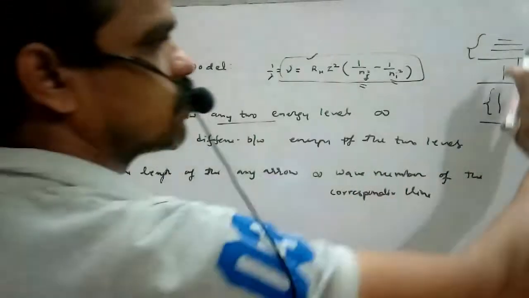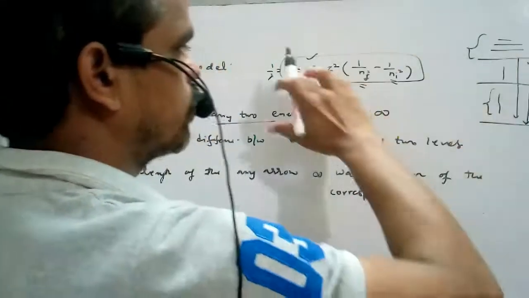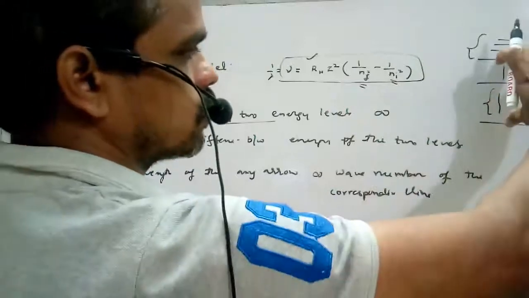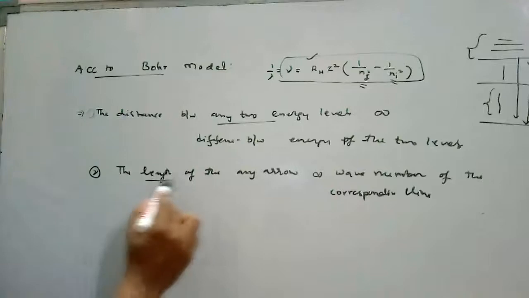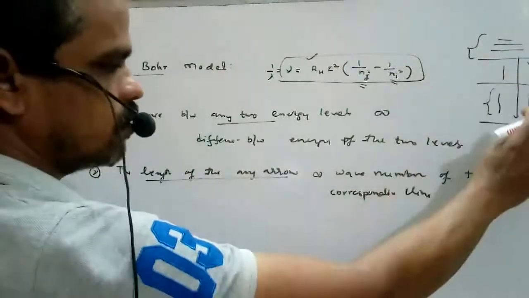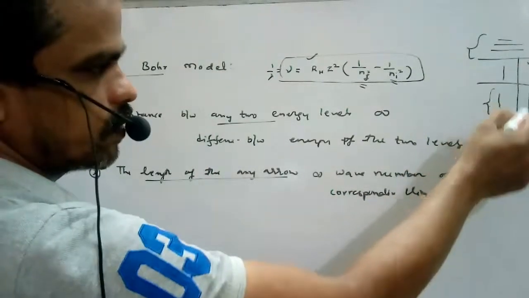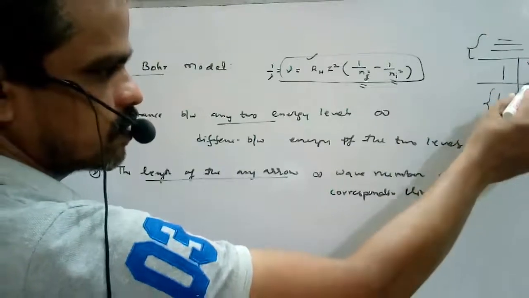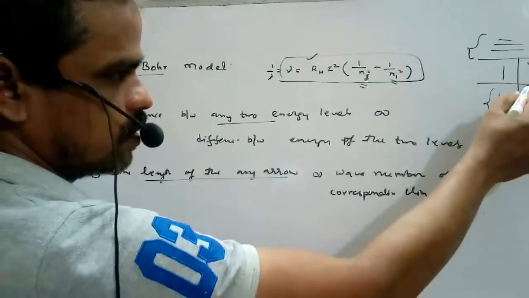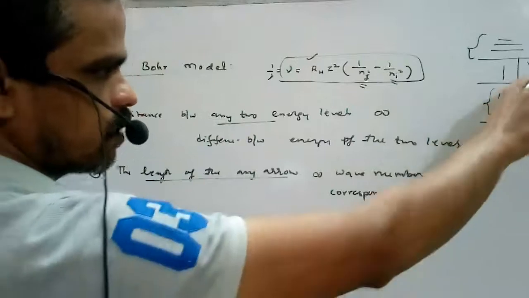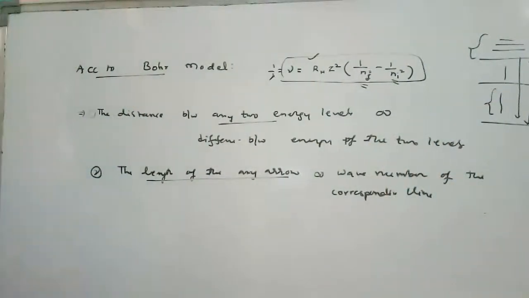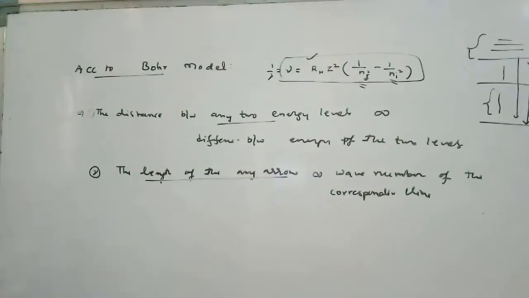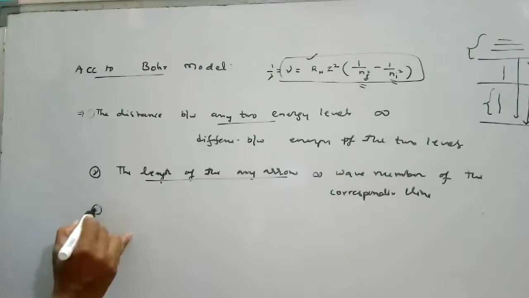See, if the length is more, the wave number is more. If the length is very less, the wave number is also very less. So why are we showing with the arrow? The electron jumps from second level to first level, so we are showing with an arrow. So the length of the arrow is proportional to the wave number of the corresponding line. So this is about the Lyman-Balmer series.